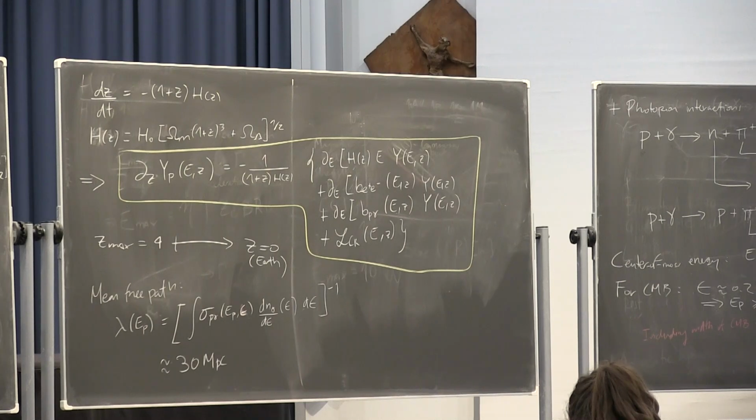And let me draw it properly. This, like this. On the CMB, this looks like this. So this is now photopion on the CMB. And on the EBL, this is just a lot higher than this.